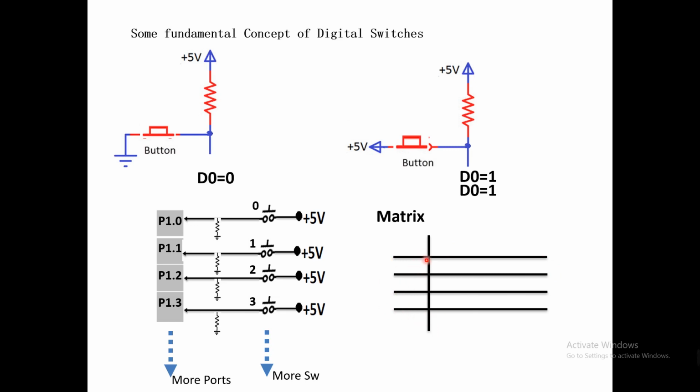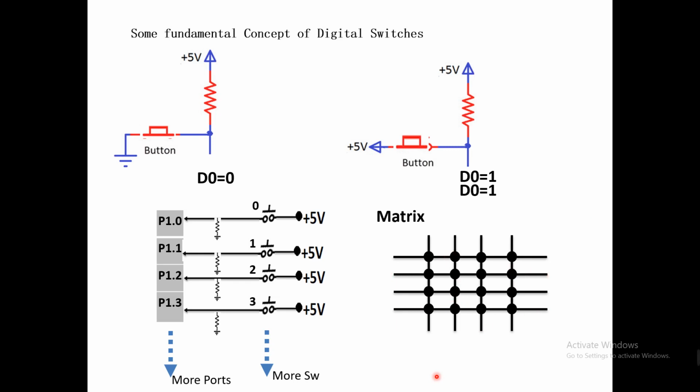And if you make columns, second column, third column, and the fourth column, how many wires? Here we have four rows and four columns. Total how many wires? 8 wires.